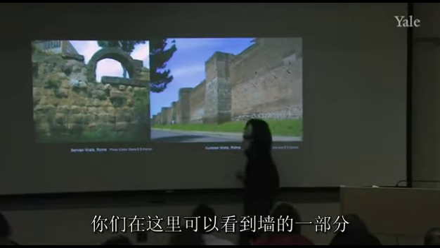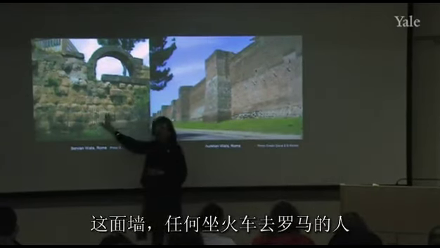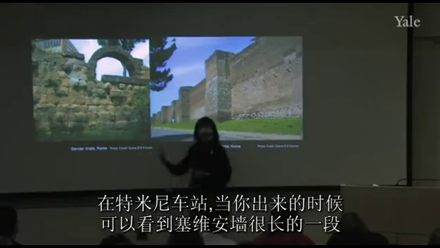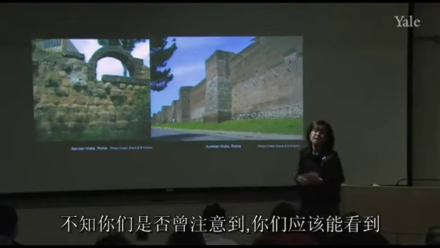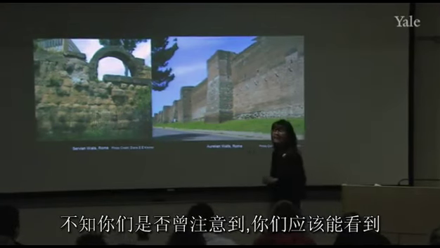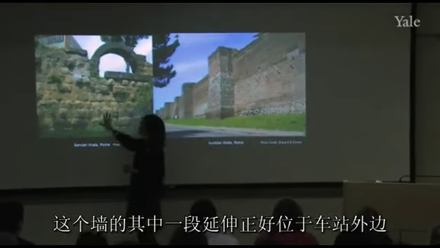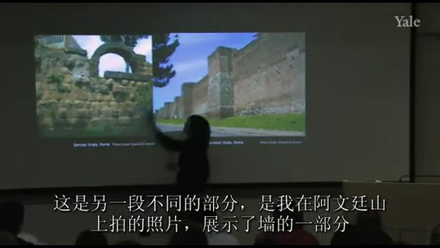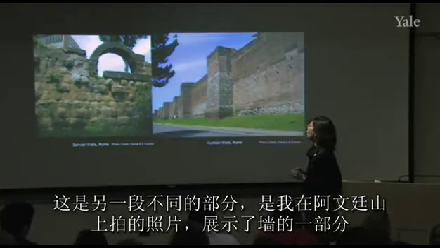You see a section of it here. Any of you who've come to Rome by train in the Stazione Termini see a very extensive section of the Servian walls. I don't know if you've noticed it, but you should see an extensive section right outside the train station. This is a different section than a picture I took on the Aventine Hill showing part of that wall.